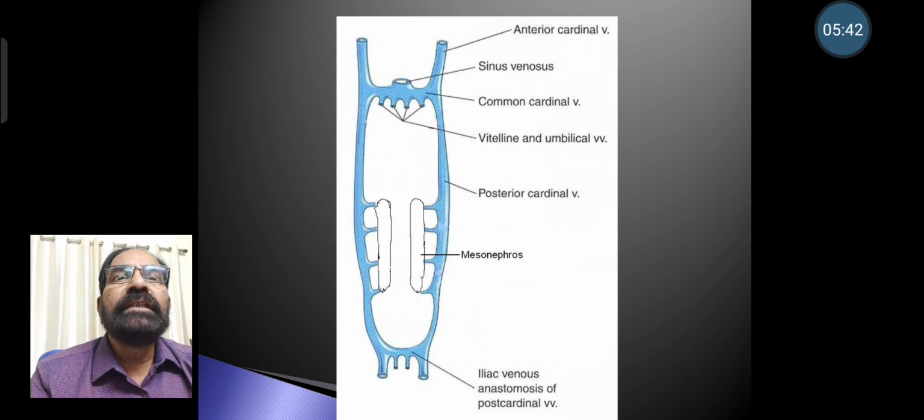So the picture showing the venous drainage, that is all will drain into sinus venosus. There are anterior cardinal veins, then posterior cardinal veins. They are joined to form the common cardinal vein. So this is the venous drainage during the embryo stage.